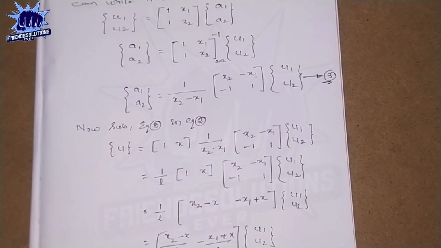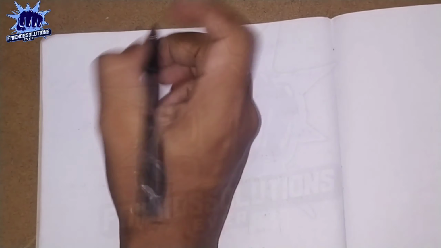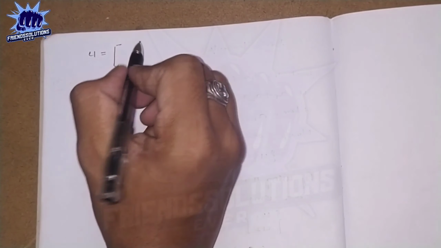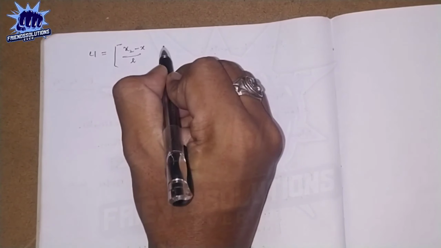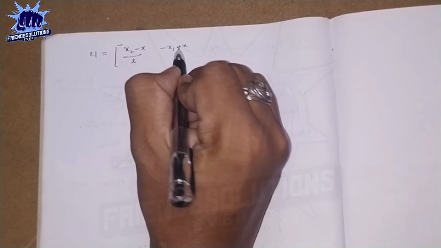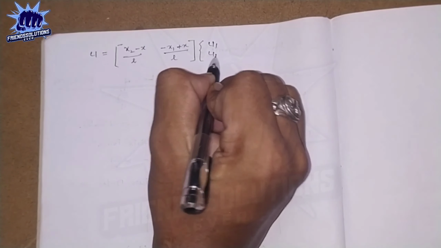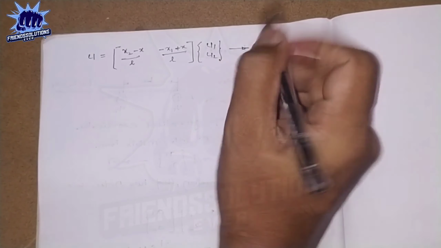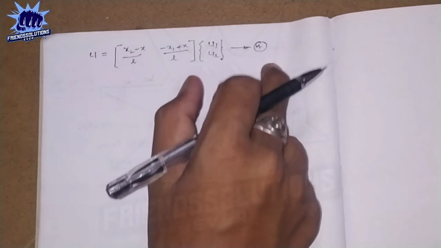After that, u equals [(x2 minus x) by L, (x minus x1) by L] times u1, u2, which is the equation we obtain as equation number 4. I already wrote it on the previous page, but I am writing it again on this page.